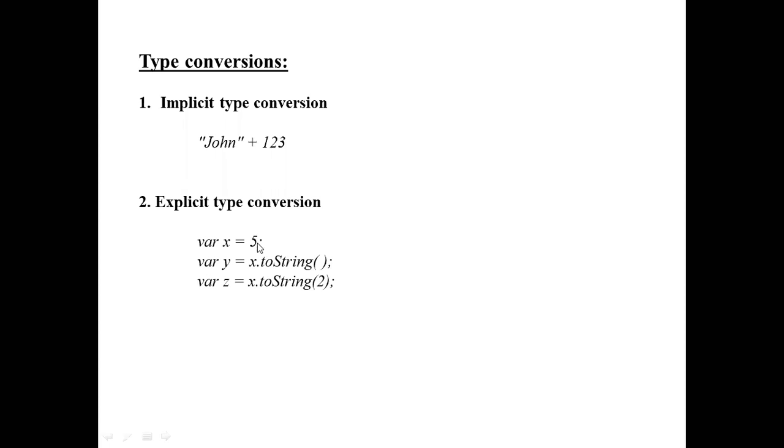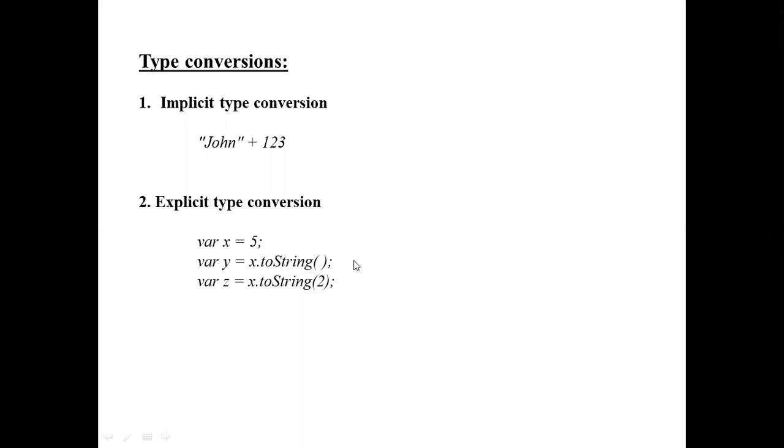This 5 is a number data type. This data type is converted to a string by using the toString method. x.toString(), so the value is "5". That 5 is a string. Next, var z = x.toString(2). Here 5 is represented in a base 2 format, that is 101.